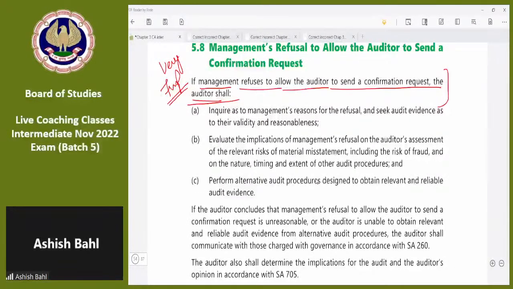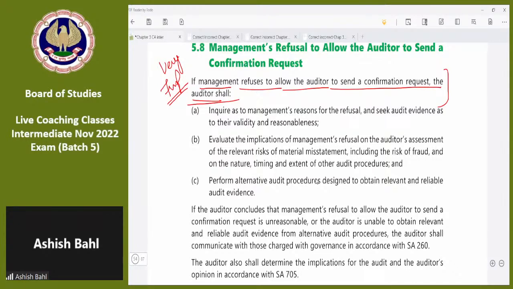Say the management does not provide the complete communication address or the proper email address, when the auditor wants to send confirmation through email, because these are all things which would be available with the management.